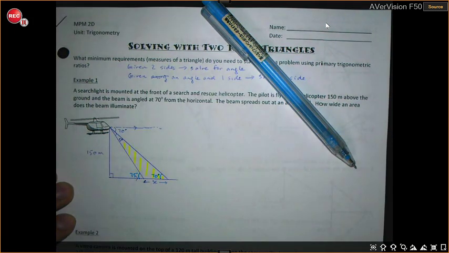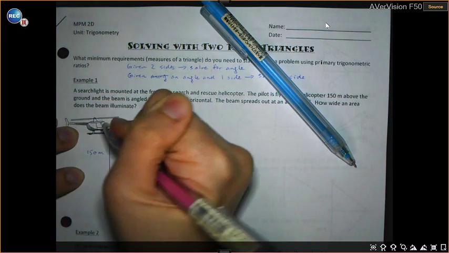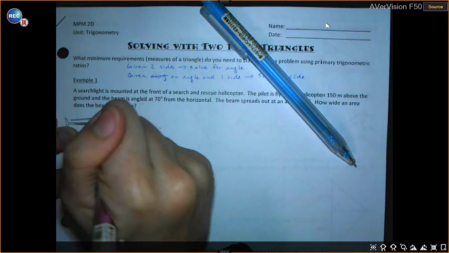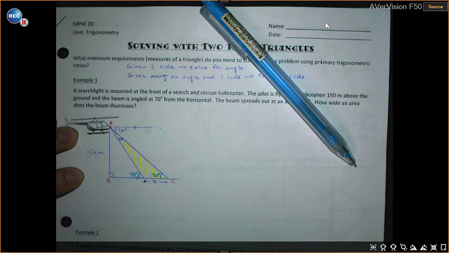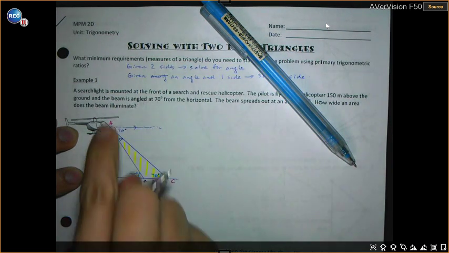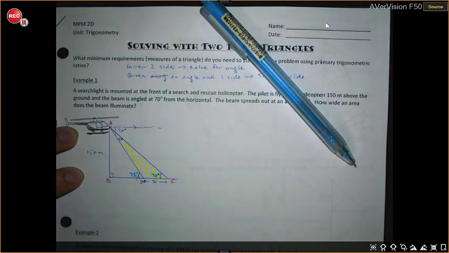So if I were to label this triangle, let's say this is A, B, C for the bigger triangle, and A, B, D for the smaller right triangle.